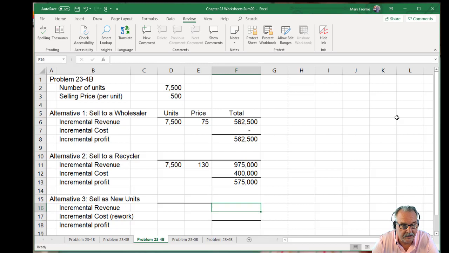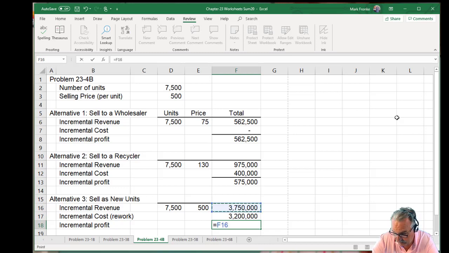And then the third option is to sell it as new. These are still 7,500 units, but when we sell them as new, we get $500 a piece, so that's going to be $3,750,000, but the rework cost is $3.2 million.